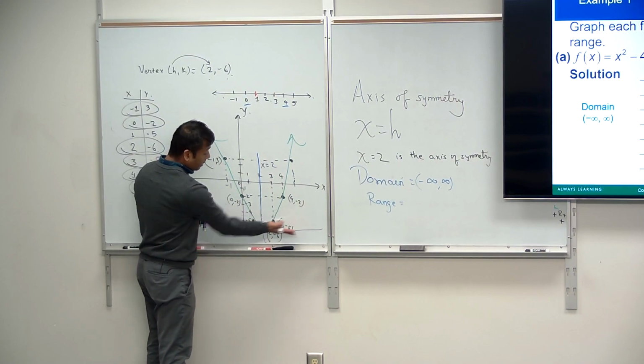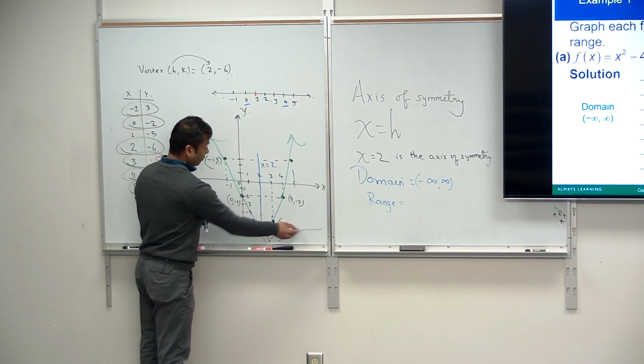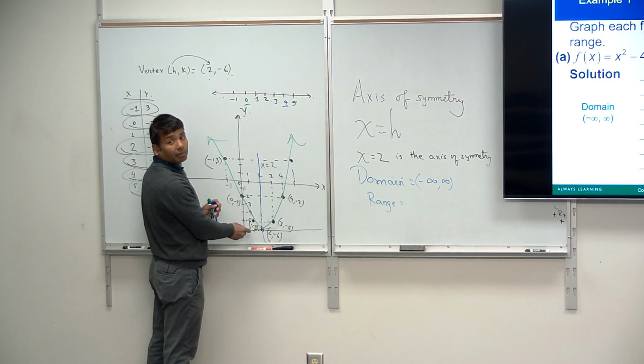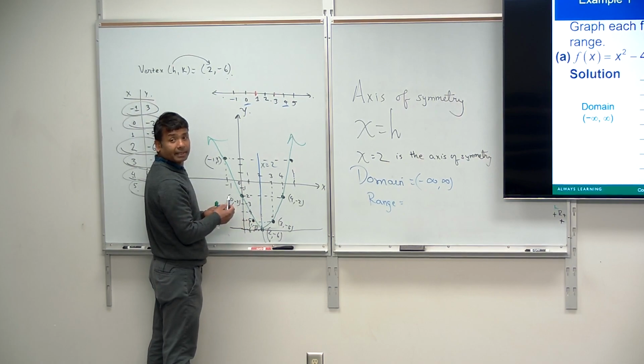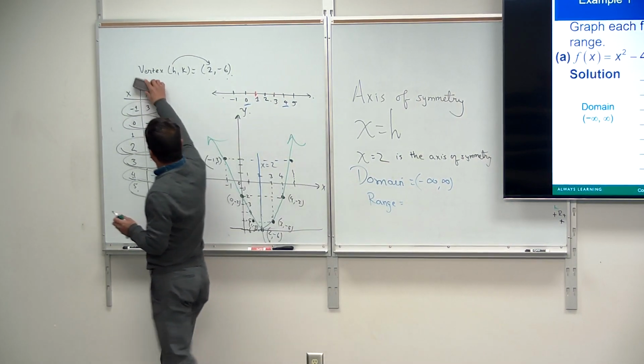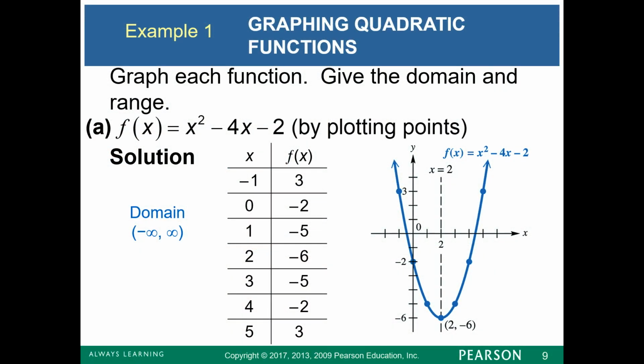It does not go below this line. So what is the least y value? Negative 6, is that right? You see what I'm talking about, right? So you have a graph like this, guys.